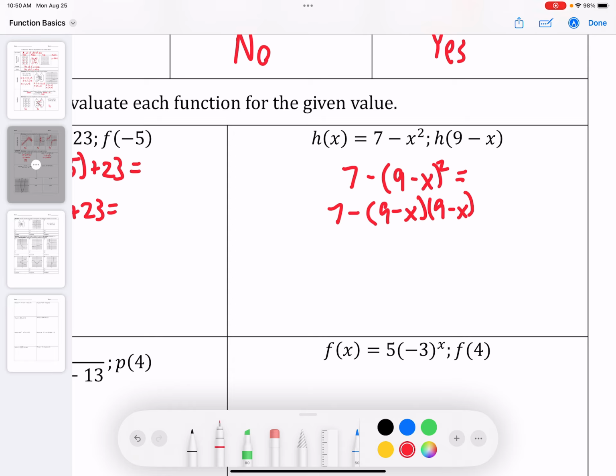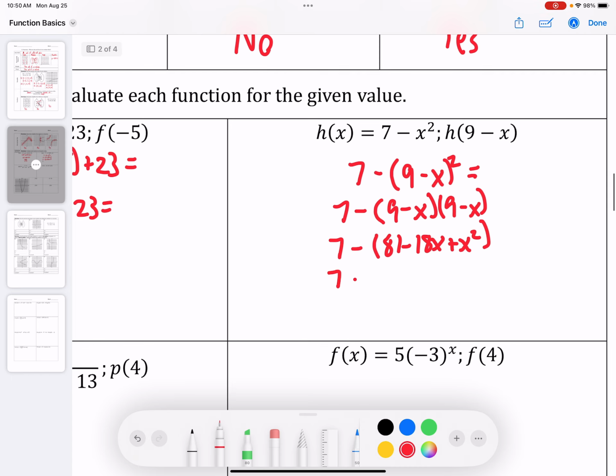So when we FOIL and combine like terms, I should say, we're going to get 7 minus 81 minus 18x plus x squared. So then we have to distribute the negative and all of that.